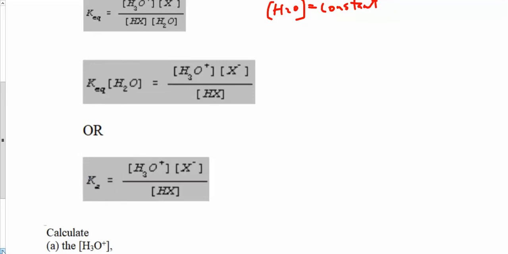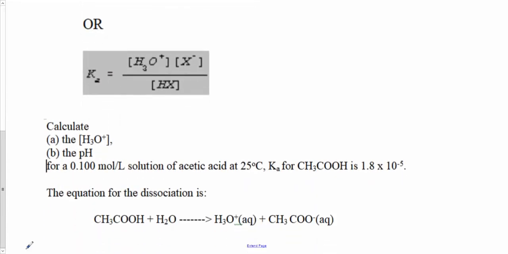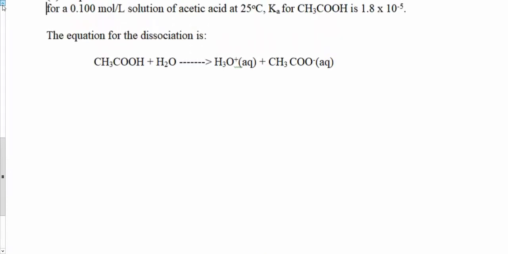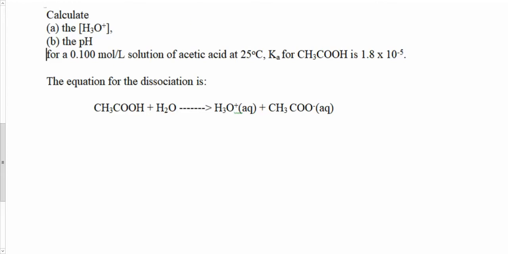So, let's try a question using this formula. It says calculate the concentration of H3O plus and the pH of a 0.1 molar solution of acetic acid at 25 degrees Celsius, and it gives me the Ka.